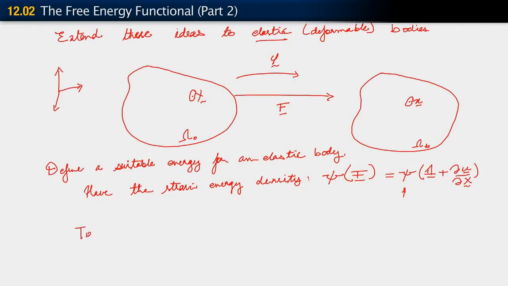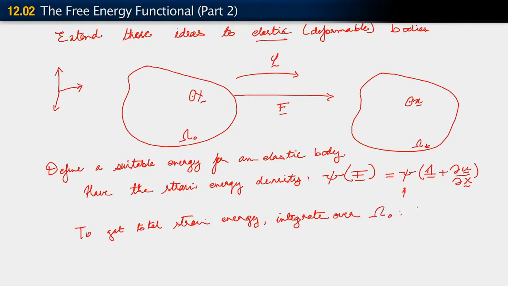Now, of course, you've probably seen how to get around that minor impediment. You may say, well, that's no problem. We just integrate it over the body. We get the total strain energy, and that's right. Okay? So to get the total strain energy, integrate over omega naught.